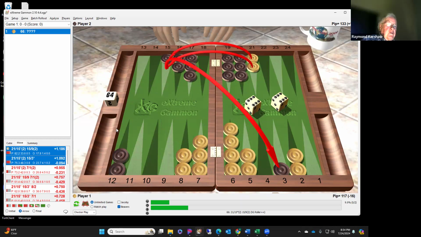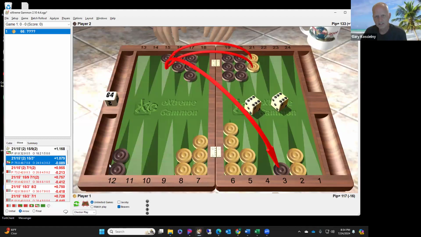So it's the position of the cube. I rarely find that switching Jacoby on and off makes much difference. I would have thought it might have, but yeah, it didn't. So that's interesting: if you've already doubled, then you're going to be more aggressive at hitting.